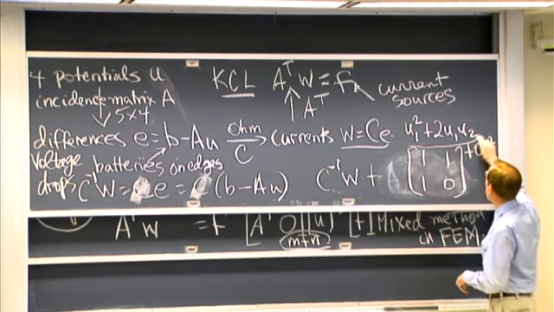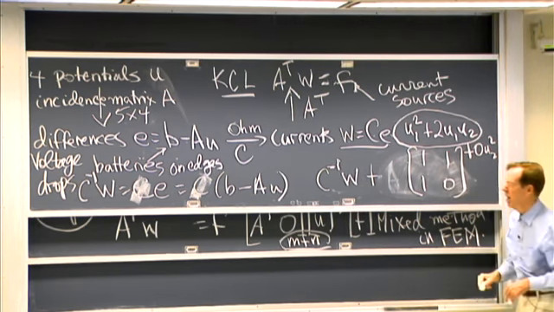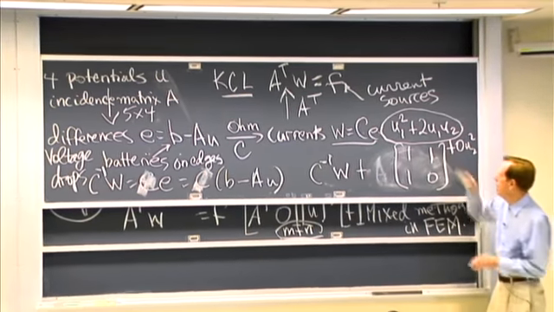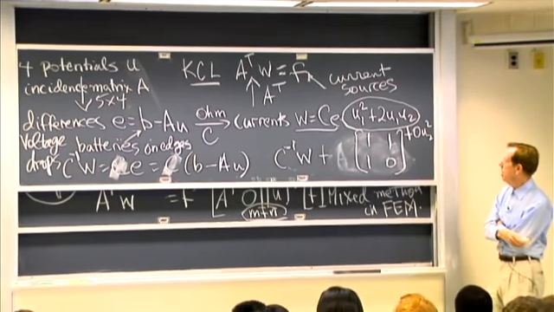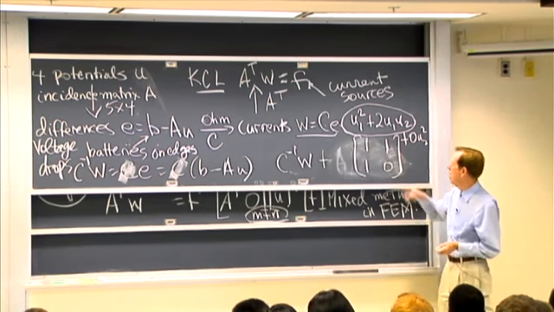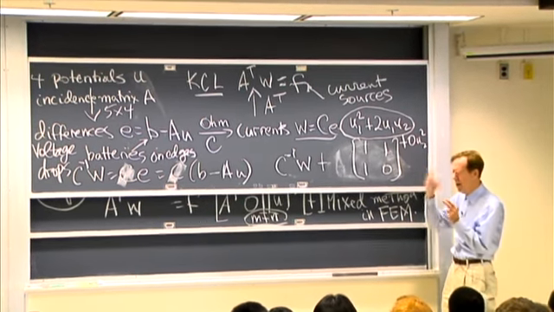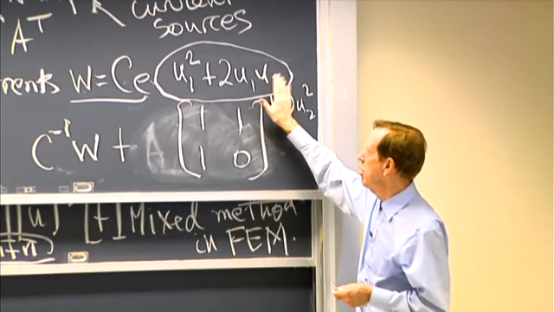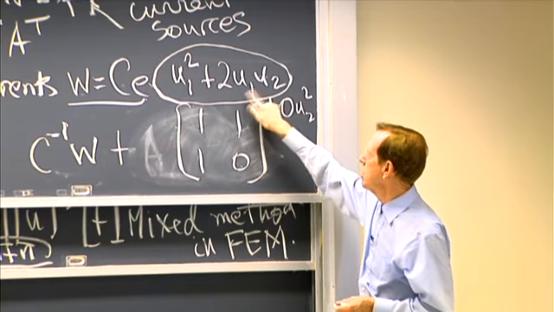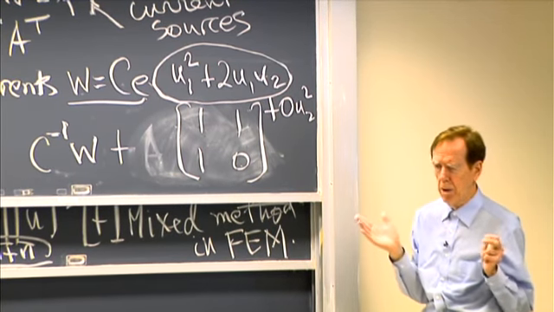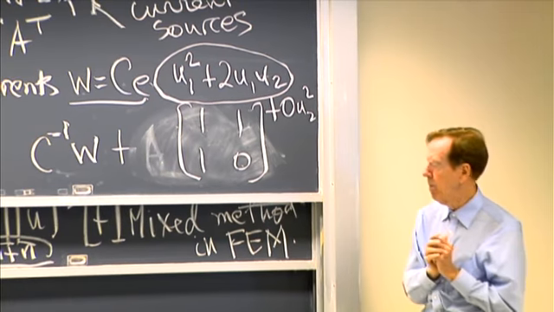And that thing is definitely indefinite, right? You know, in the U1 direction, it looks good. That's things positive there. But if I took U1 and U2 to have opposite signs and made U2 big enough, then of course this just brings it down. So the graph of that would be a saddle point.